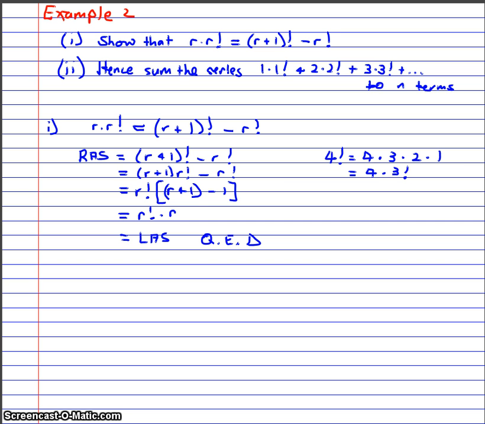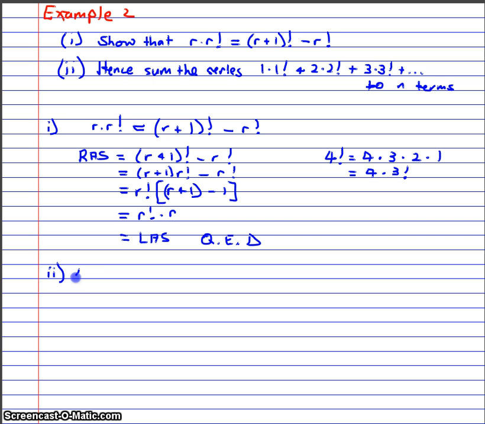Okay, so the second part is to sum the series 1 times 1 factorial plus 2 times 2 factorial, etc. to n terms. If we have a look at that, we can see that that's the same as the left hand side of the first part of our question.